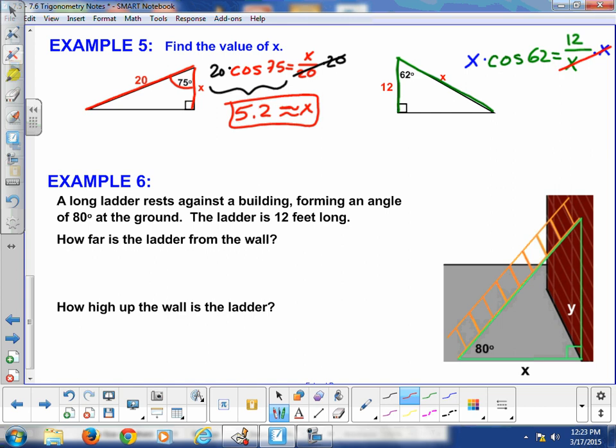Say goodbye to the x's on the right. And we are left with x cosine 62 is equal to 12. Oh, we're looking for x to be by itself. So, divide each side by cosine 62. Say goodbye to those cosines. And we have an answer-ish.